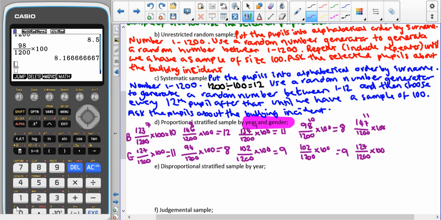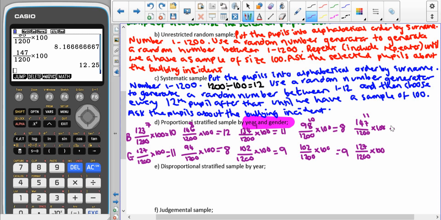Then 147 divided by 1,200 times 100 gives us 12 year 11 boys. And finally, for the year 11 girls, we've got the same proportion, 127 year 7 girls, 127 year 11 girls. So that means that we'll have 11 of those as well.